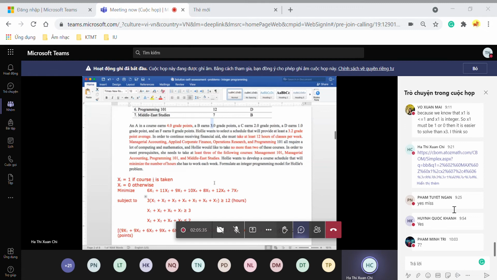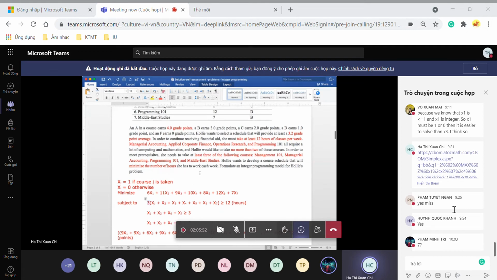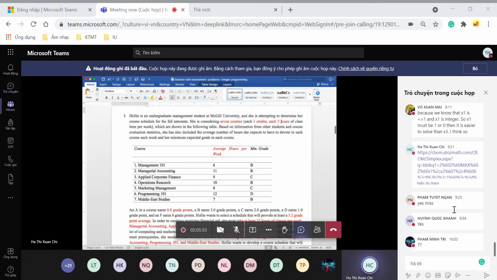Why is there the number 3 in the first constraint? Here, number 3, in the first constraint. Yeah, because you spend 3 hours for each class. Each class you must spend 3 hours, 3 hours of class time per week.